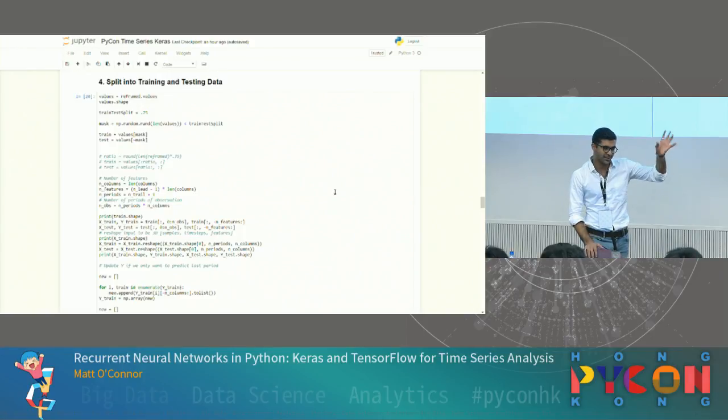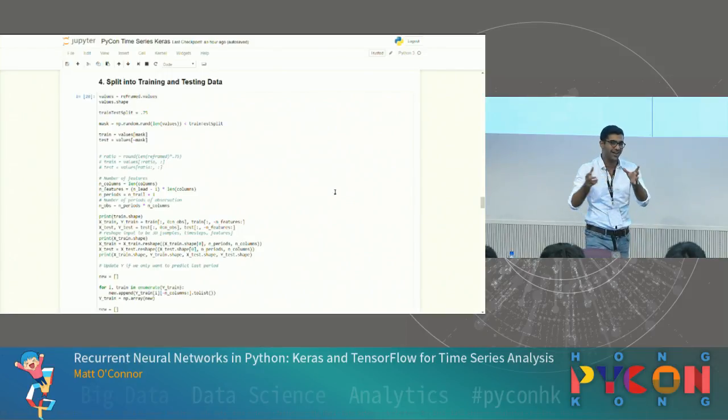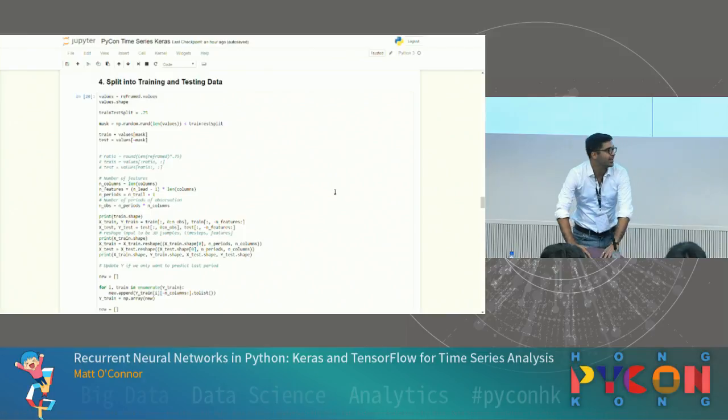We keep about 75% for training and train our model on this. Then we take the test part and give it to the model to see how well our algorithm can predict unseen data, so you can see how accurate it actually is.